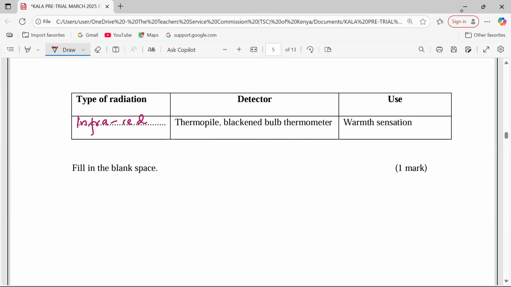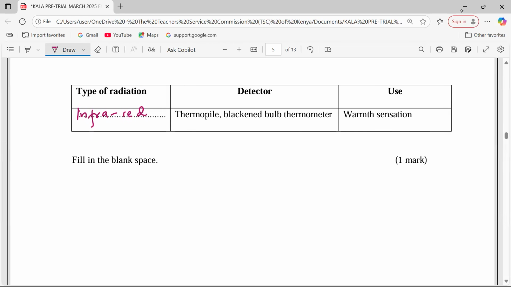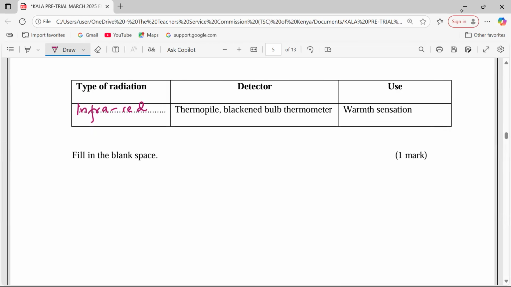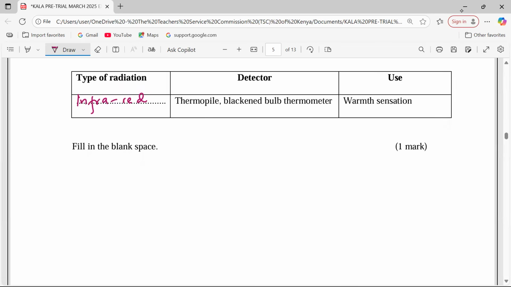Remember to come up with a chart, even yourself, as a student. Plan to get a chart of all the types of radiation, all their detectors, then their possible uses.